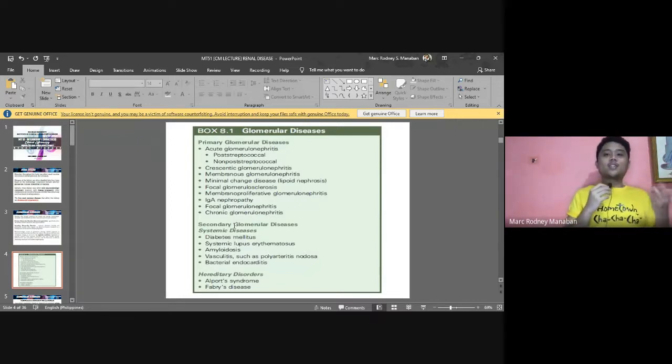Because of the normal functioning of the kidneys, especially the glomerulus, protein, especially albumin, cannot pass through the glomerulus because of the different charges, the shield of negativity. So the presence of this protein in large amounts in your urine could indicate a possible disruption in your glomerulus and in the tubules, which could indicate a possible kidney disease.